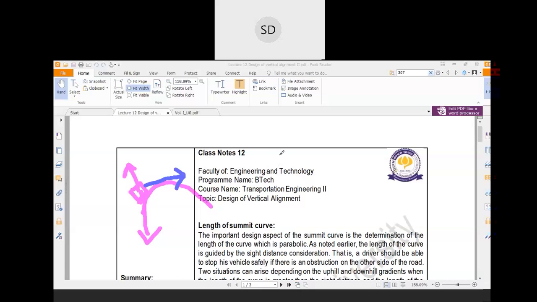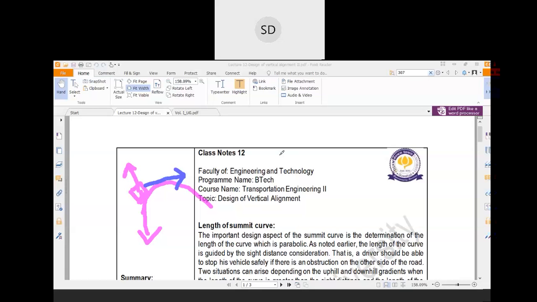So let us consider first the stopping sight distance. Whenever you are considering the stopping sight distance, two types of conditions may arise. First, the length of the summit curve may be more than the stopping sight distance, and second, the length of the summit curve is lesser than the stopping sight distance.